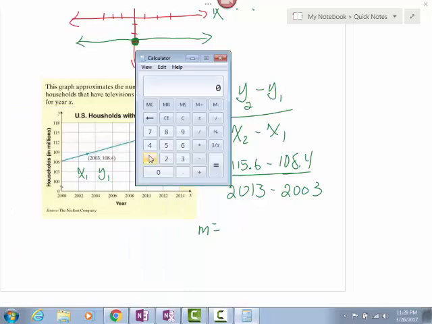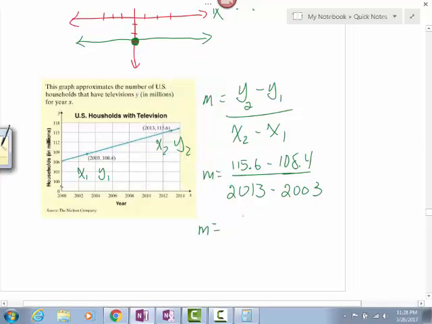Okay, so let's take 115.6 minus 108.4, and that's giving me 7.2. Oops, 7.2. Okay, now on the bottom, 2013 minus 2003, that's a total of 10. If we divide that out, that should give me something like 0.72. And we're done.